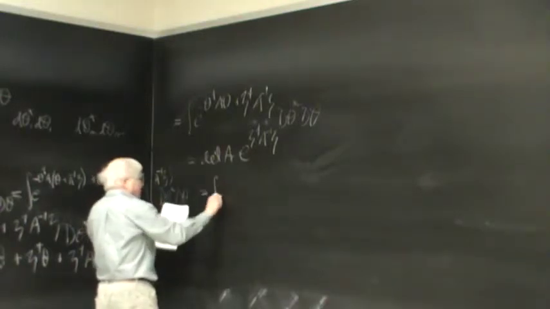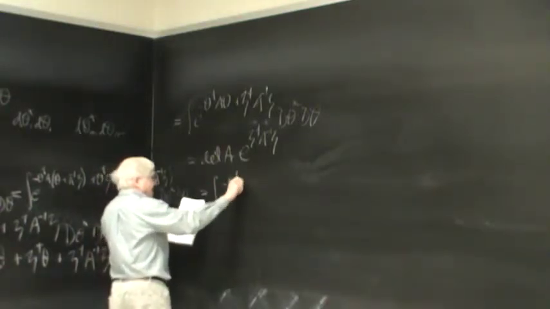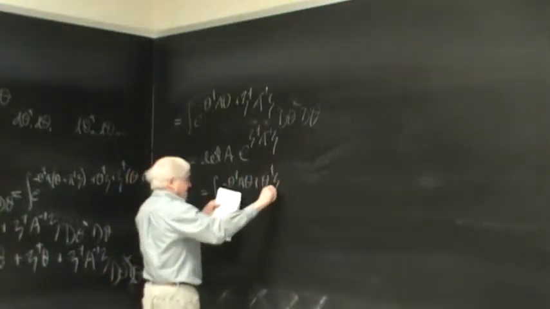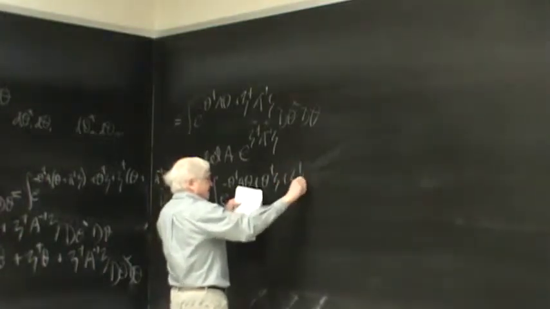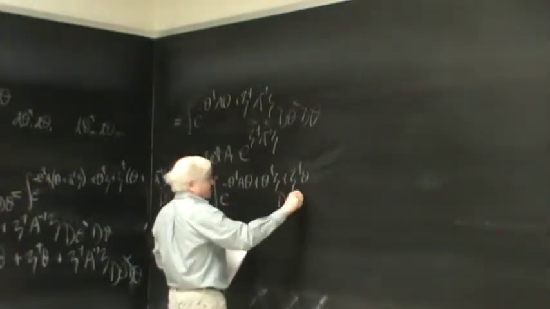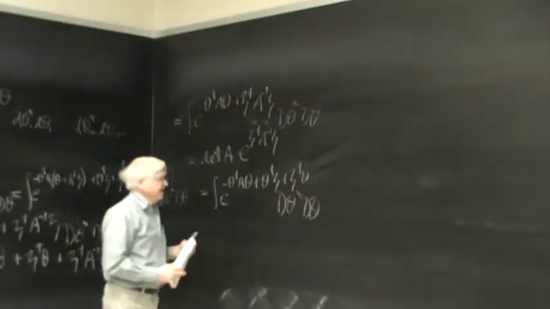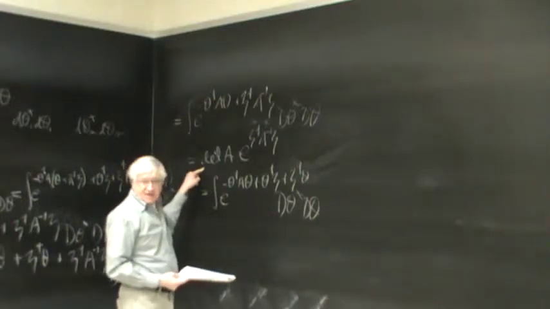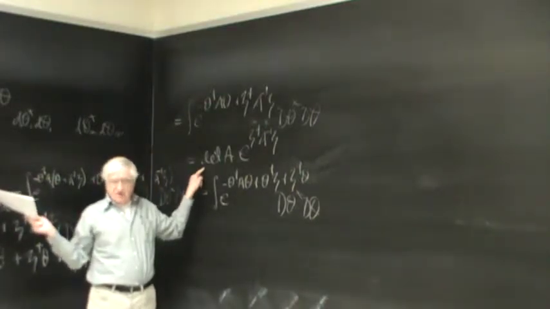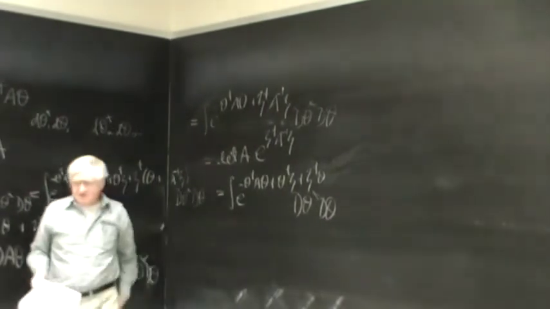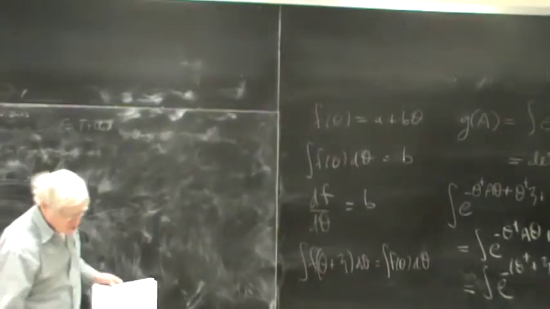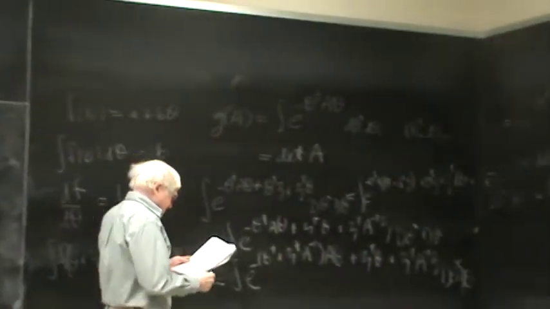That is what we started with, which was e to the minus theta dagger A theta plus theta dagger zeta plus zeta dagger theta d theta star d theta. So this quadratic form turns out to be that. So that's a generalization of this relation. And this is a formula that's useful when you're trying to do perturbation theory in terms of Grassmann variables.